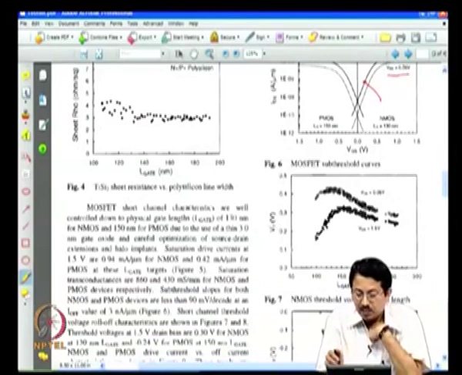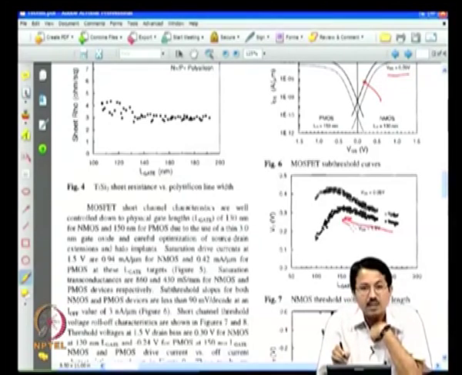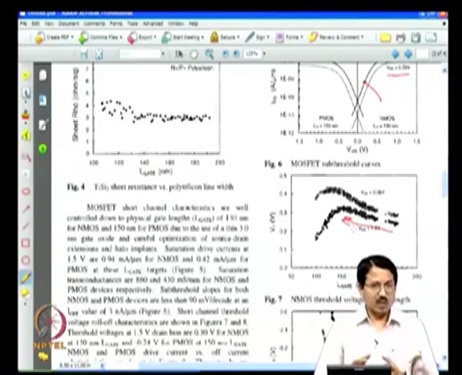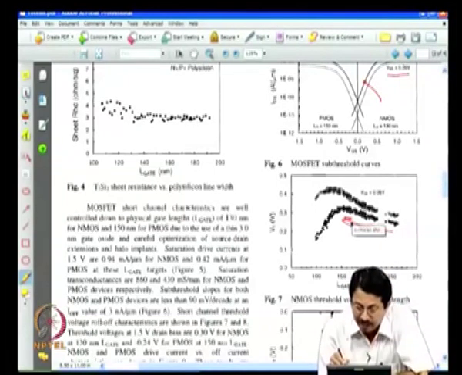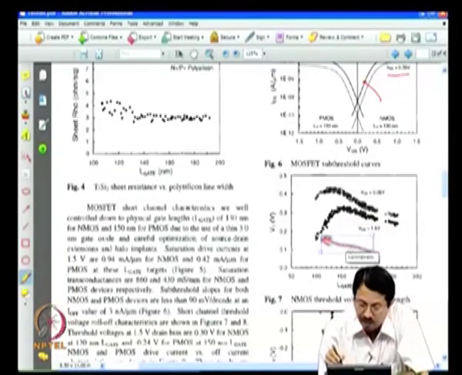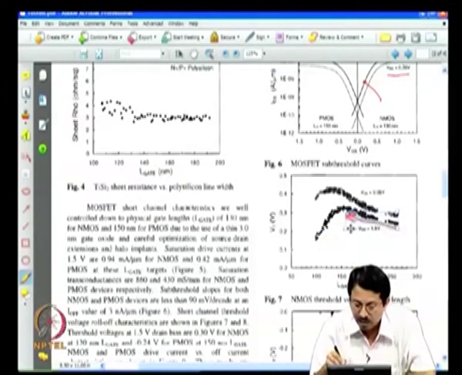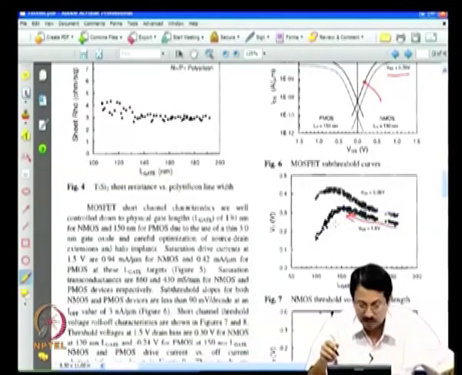These are typical VT versus length plots. Remember our discussion, there is a reverse short channel effect. I told you whenever you use a halo, invariably you will have reverse short channel effects, and then the usual VT roll off that you will have in this region here, right.